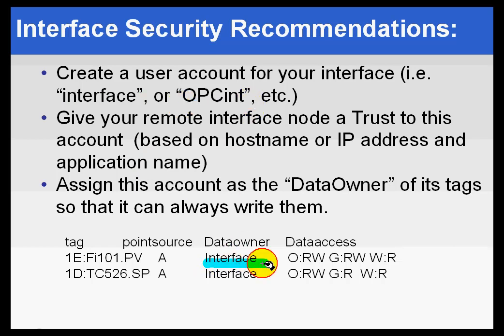In any case, the same name as the user that you've configured, that's the data owner, and then specify that that particular owner has read-write access. In this way, when this interface connects, it's going to be given the privileges of the user called data owner, and it will only be able to write to those tags that are associated with that interface.